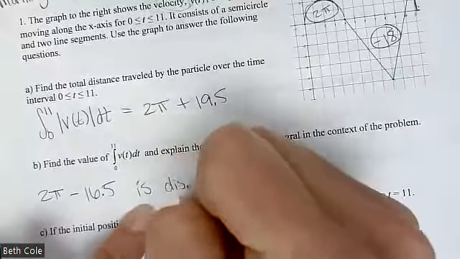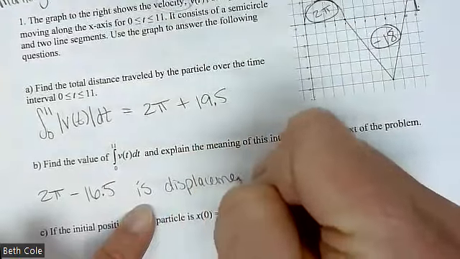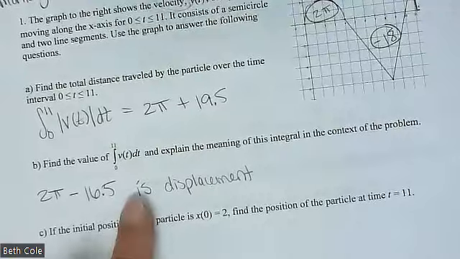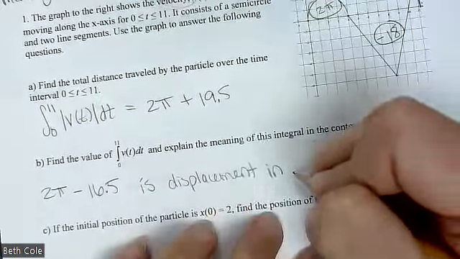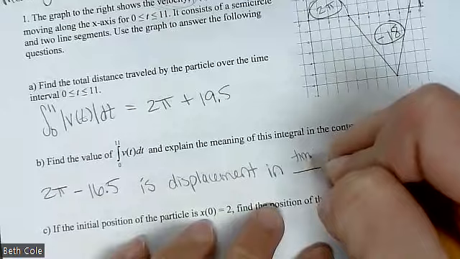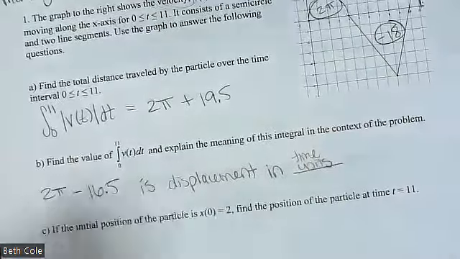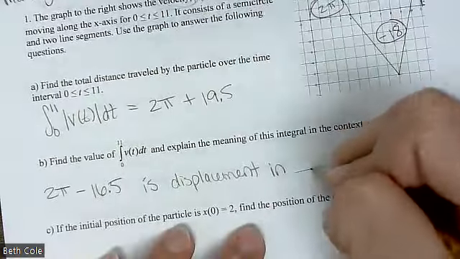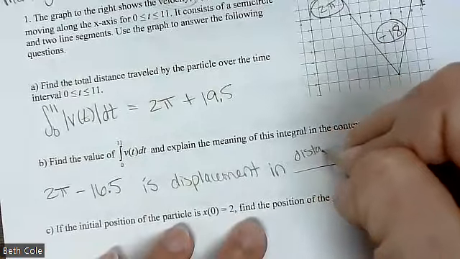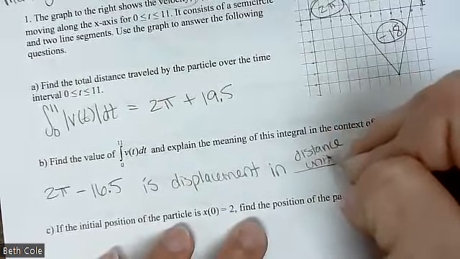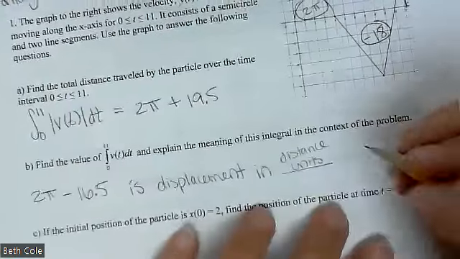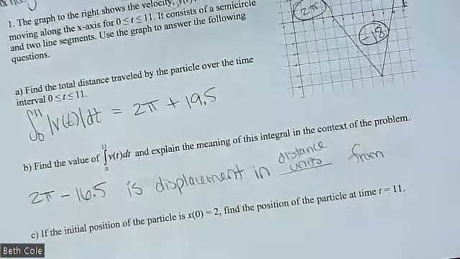Perfect. Displacement. And I'm going to show you how you'll write it when there are units. This one just didn't have any. You would say displacement in distance units, I'm sorry, it would be like displacement in feet or something, from when to when?